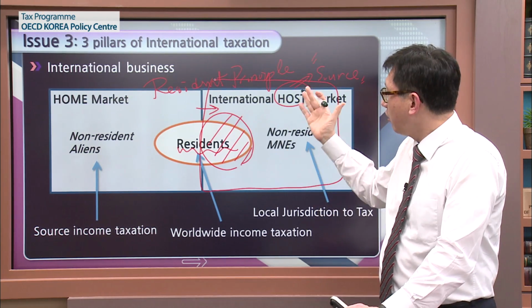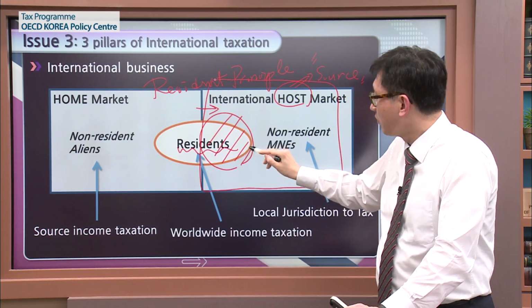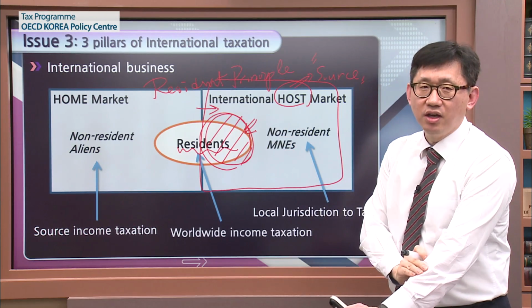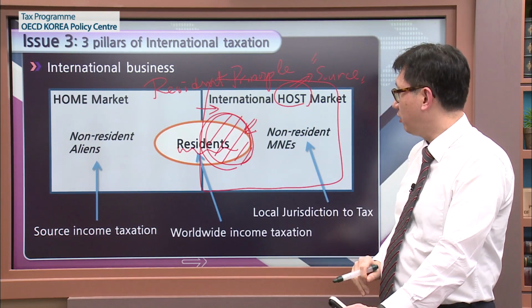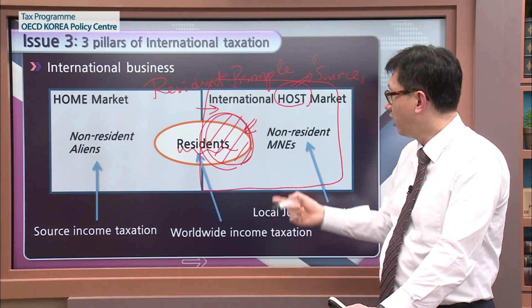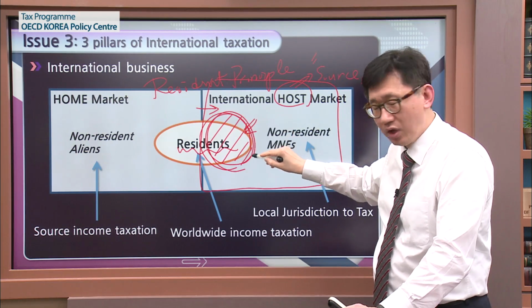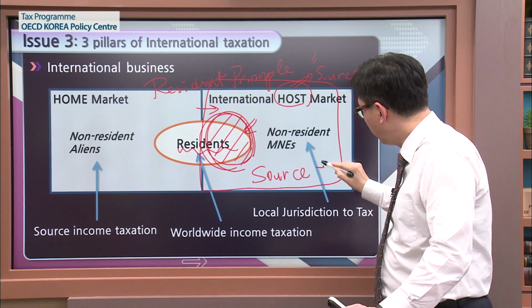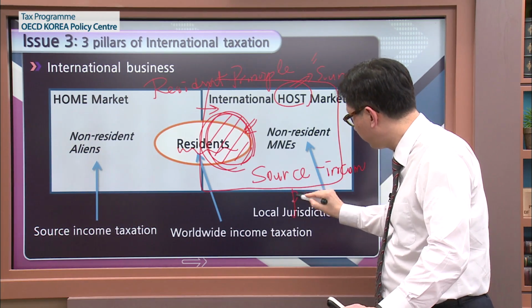The source country's tax authority has the power to levy tax on the profit arising from this area. It is called the source income principle.